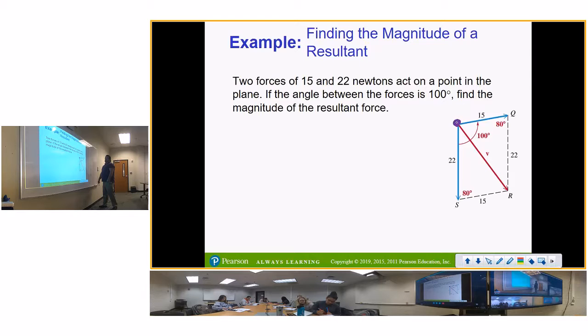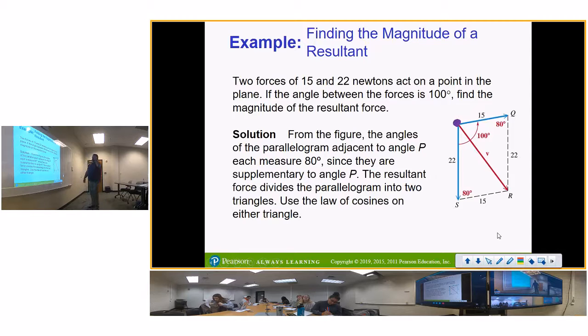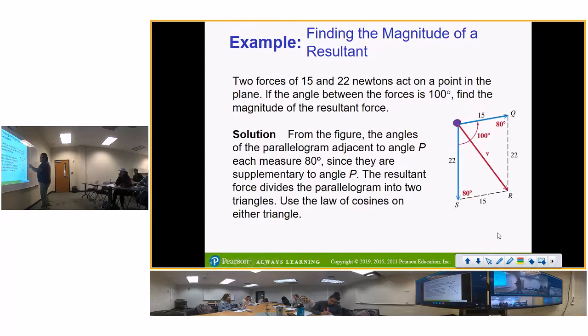Now, you've got 3 things: 15, 22, and each measures 80 degrees. You're figuring basically a triangle. You're going to use the law of sines or the law of cosines. So you've got 22 here, 15 here, 80 here, and 80 here.